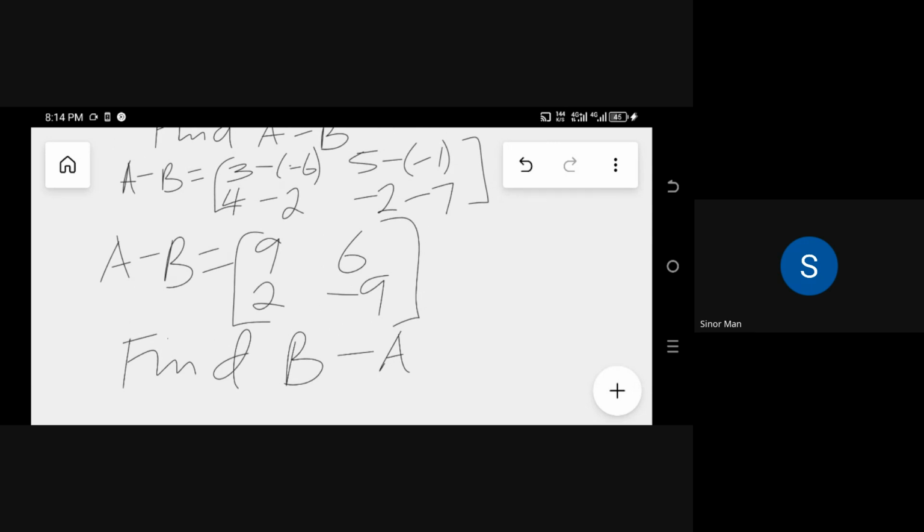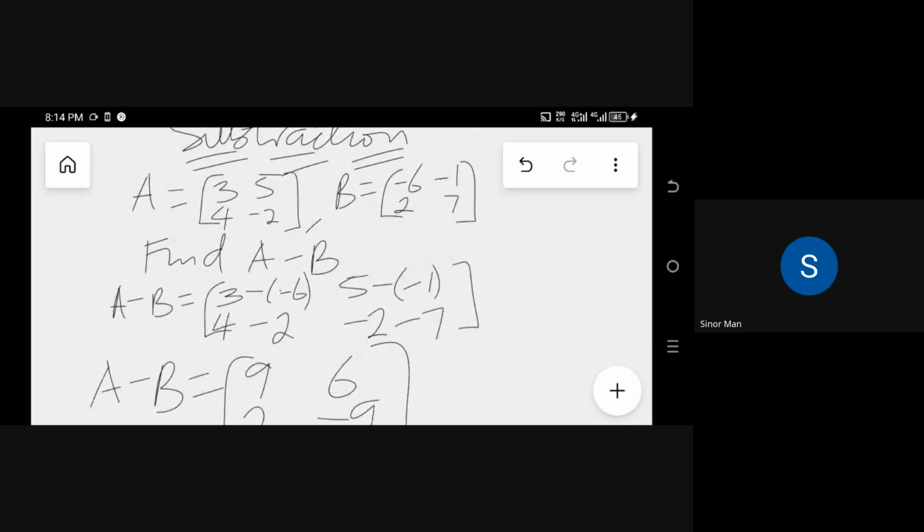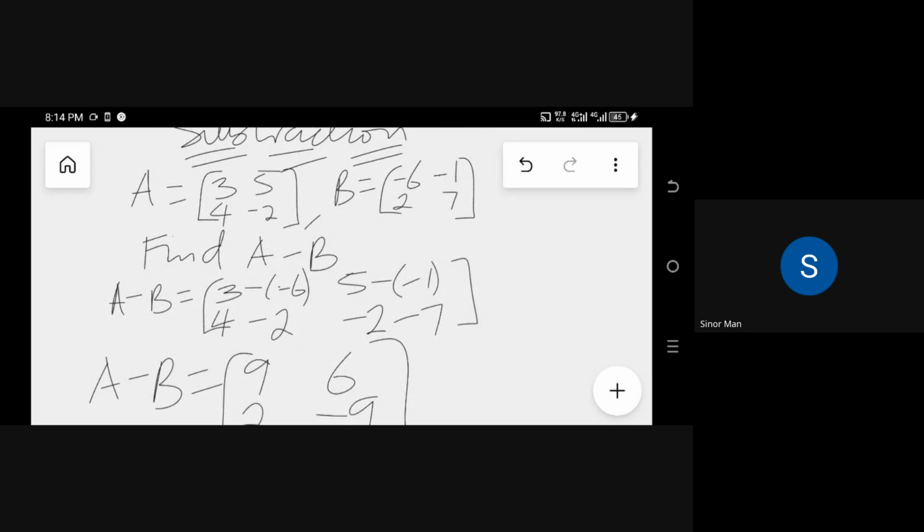Yes, sir. All right, so we are proceeding to see the difference between A minus B and B minus A. For A minus B, we dealt with the A first before applying the B. But now we'll look at B minus A. For B minus A, we deal with the B first before the A. So instead of saying 3 minus minus 6, you will say minus 6 minus 3.